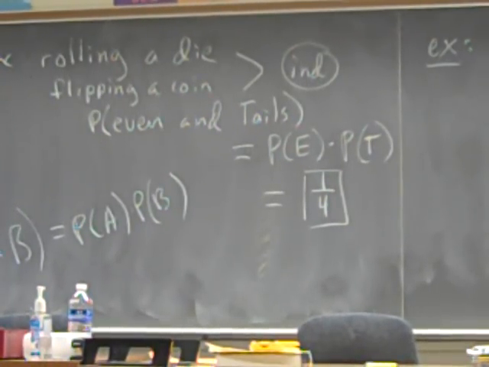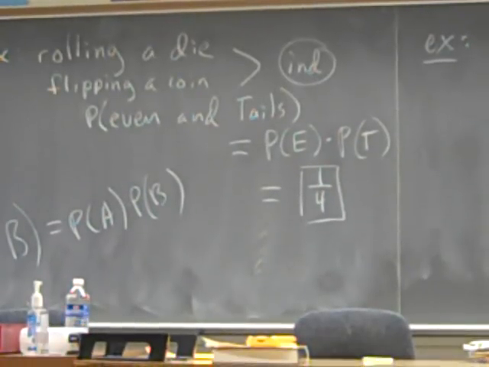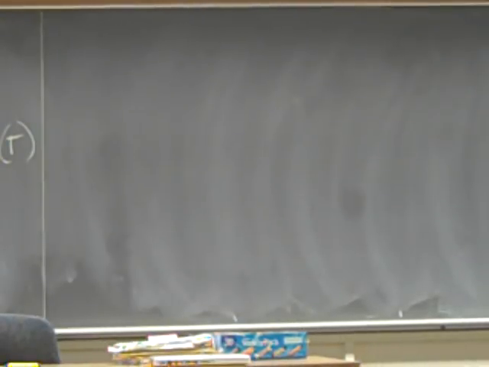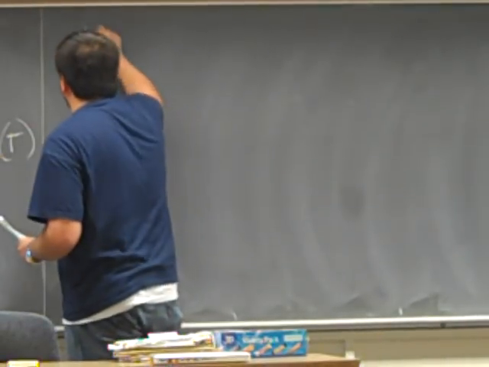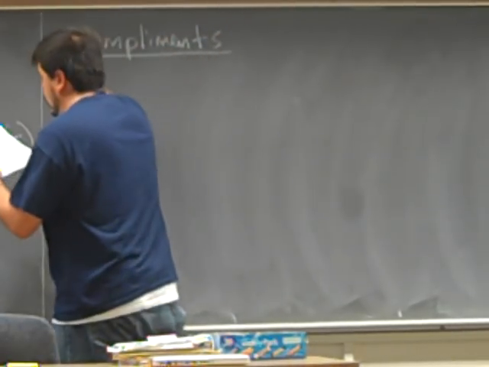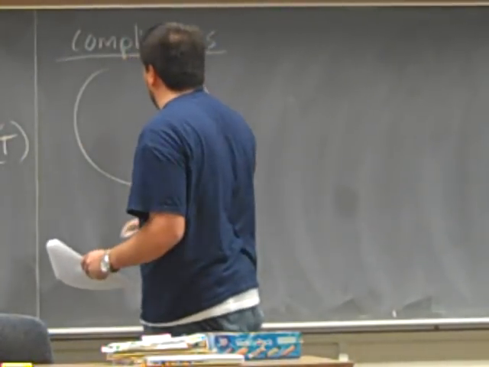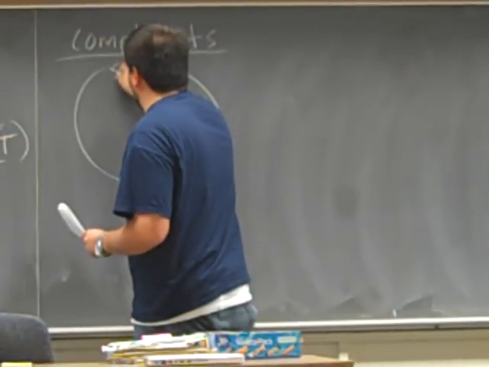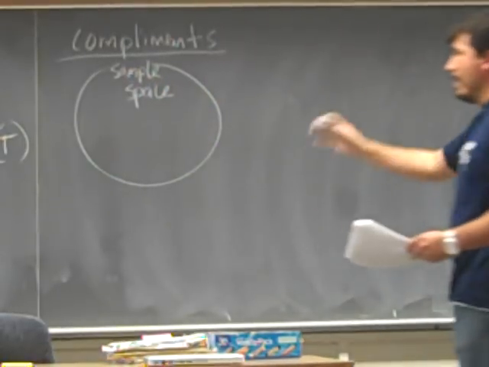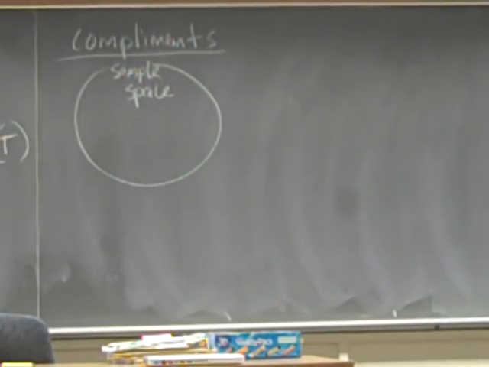Last thing, and then the juniors are done: complements of events. Let's say this bubble represents the entire sample space, so every single outcome is in that circle.